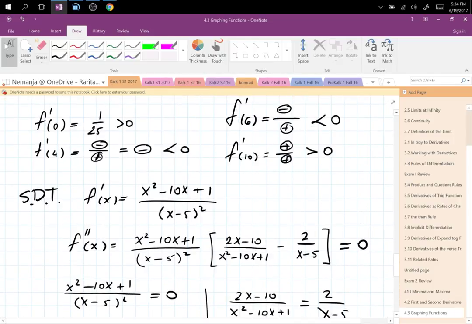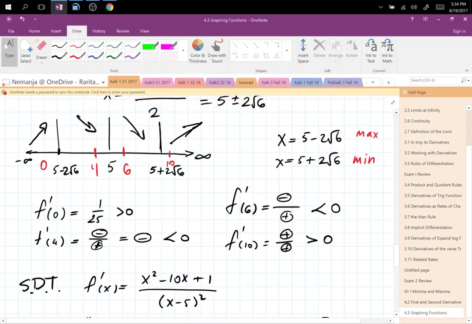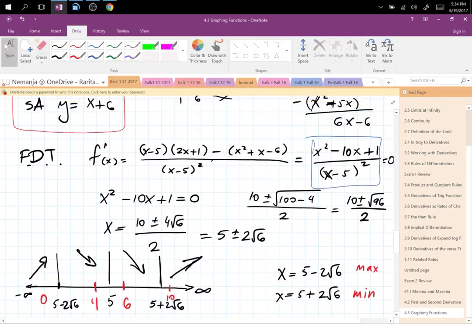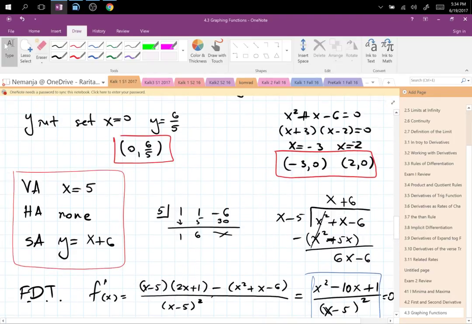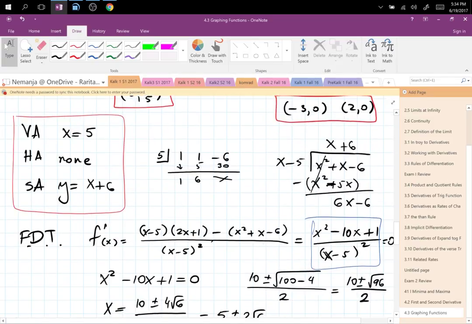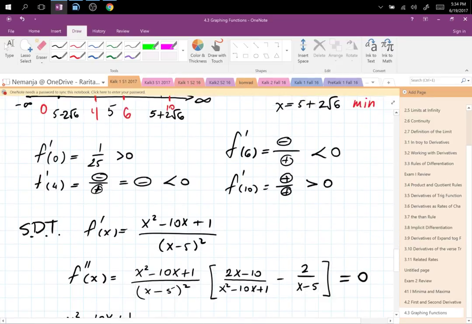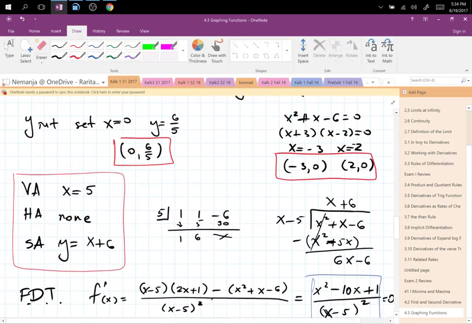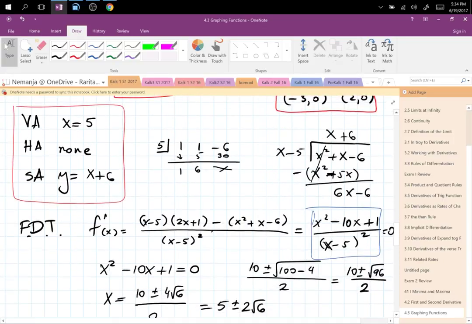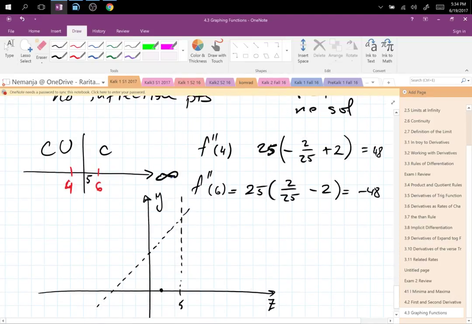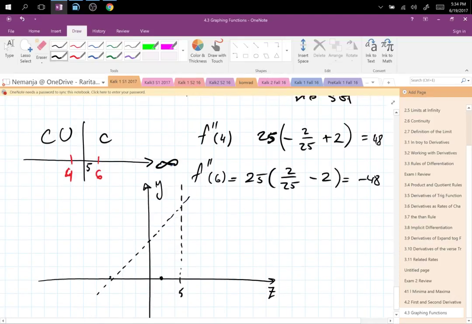I can't find it now. Negative 3 and 2. There we go.